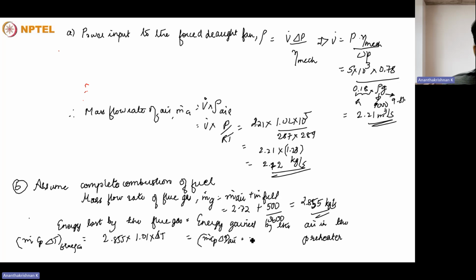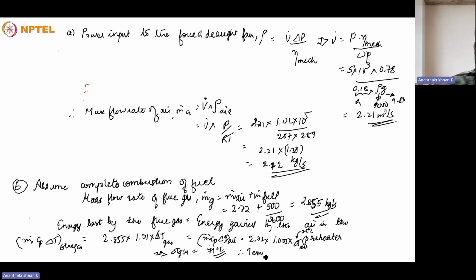So that will be equal to 2.72 into 1.005 into delta T of air. So from this one, we can get the delta T of gas. This delta T of air will be equal to 75 degrees Celsius. And everything else is known. Delta T of gas will be equal to 71 degrees Celsius.